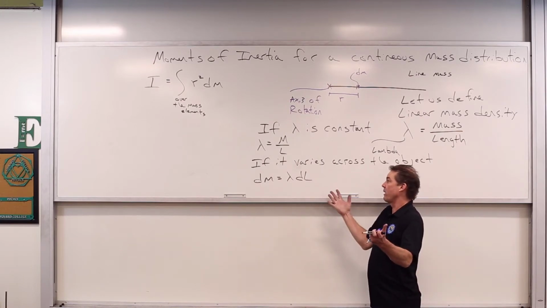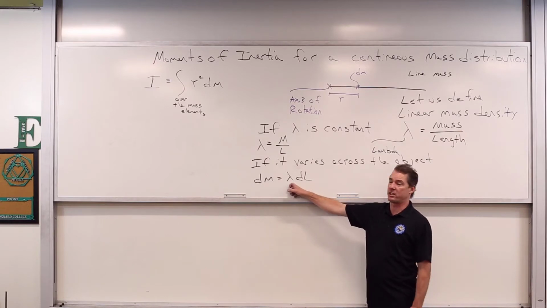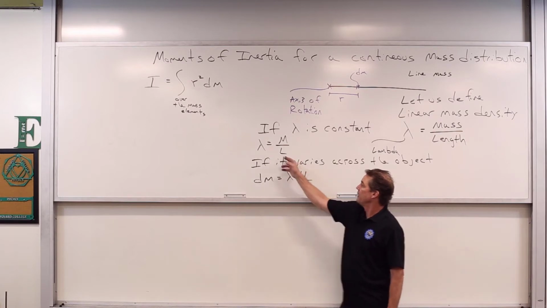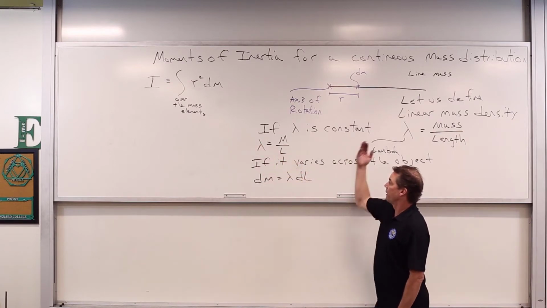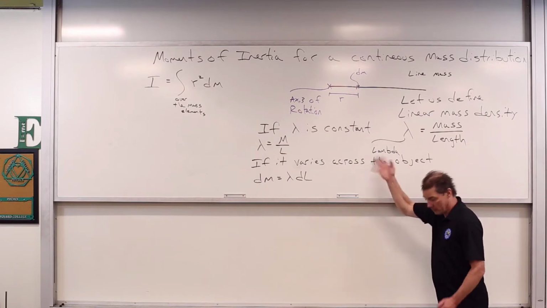If it's constant, that's great, it's just m divided by L. But if it's not constant, we can have some function that describes it. This is important here. How do we get that? Multiply both sides by L and look at what is dm/dl. And that's what you get out of it, right?